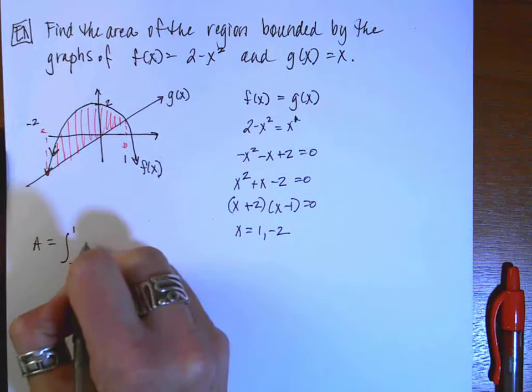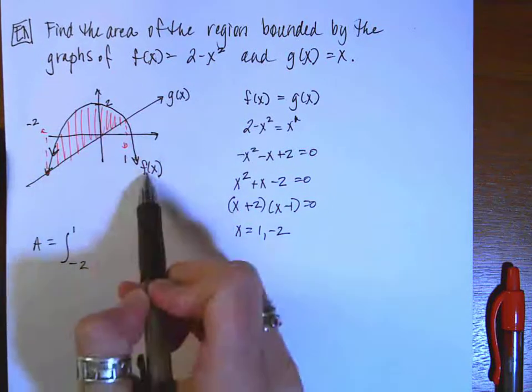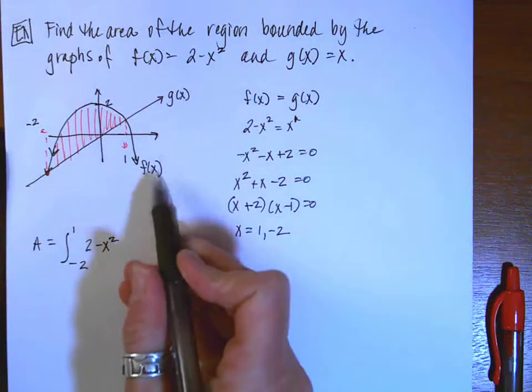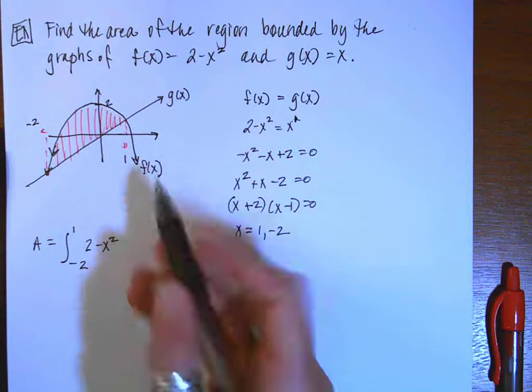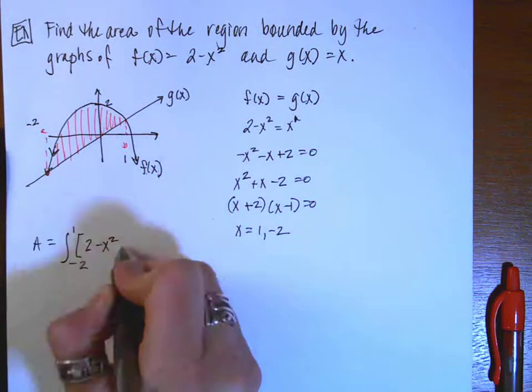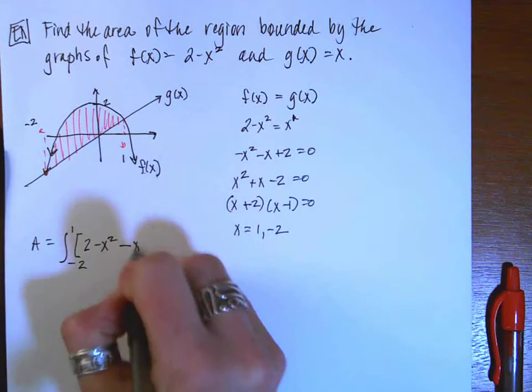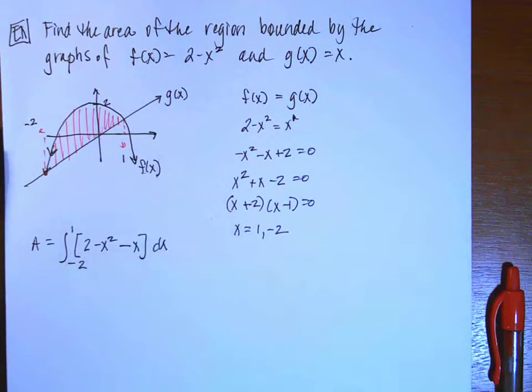And then I'm going to do my top minus the bottom. So my top curve is f of x. And you can't assume that it's always going to be f of x. You actually need to look at your graph and decide which guy is on the top. And I'm going to do minus my bottom one, which is x, and then I'm going to have a dx.